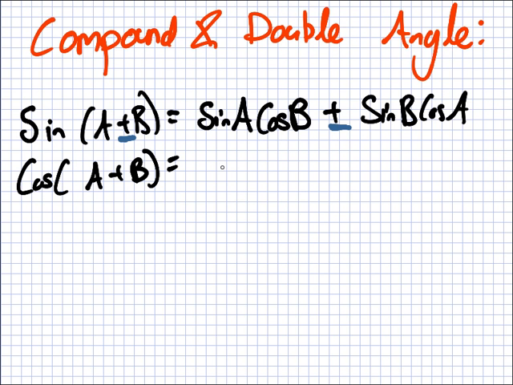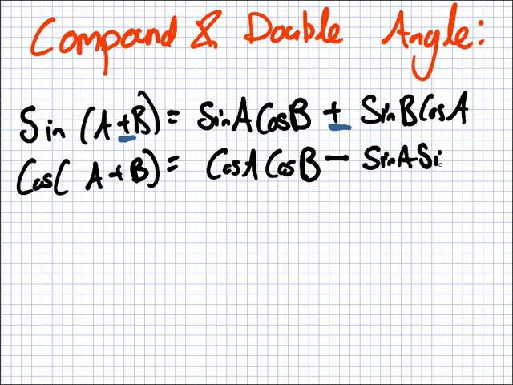Right, cos A plus B is cos A cos B minus, this is where you could make a mistake. It's minus, not plus. Yeah, sine A sine B. And if you wanted cos A minus B, then it'd be cos A cos B plus sine A sine B.